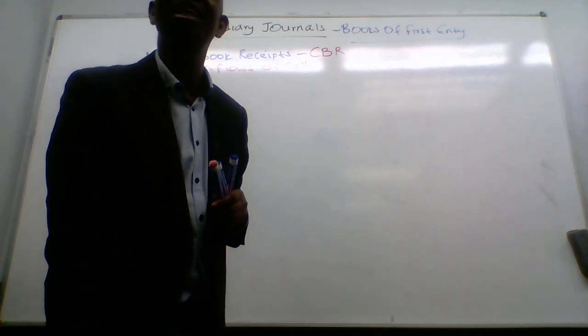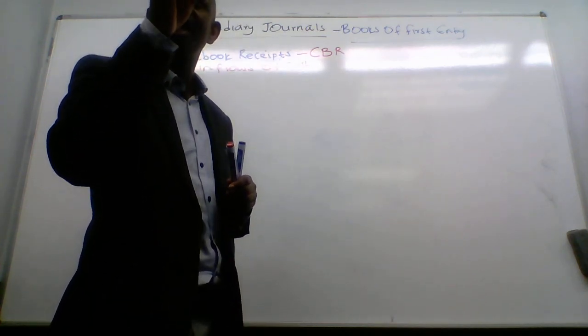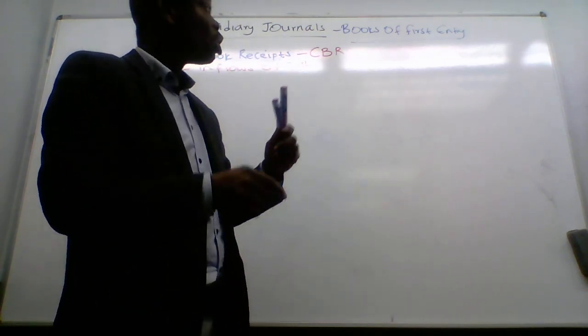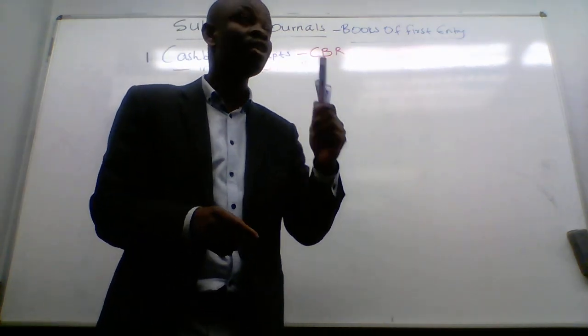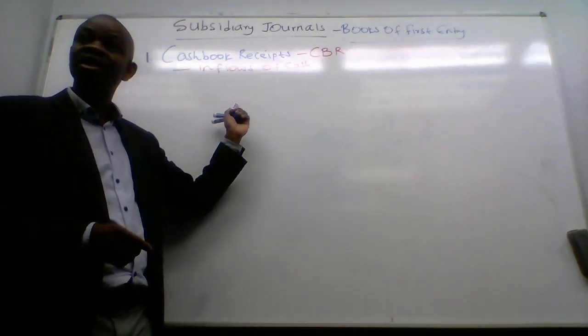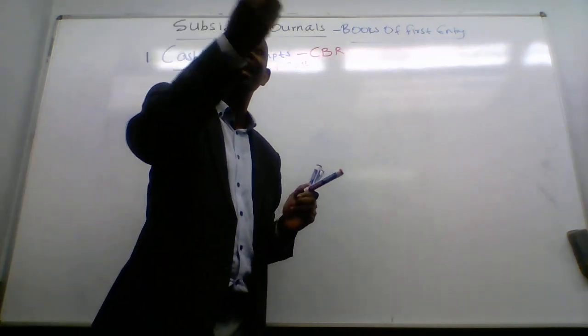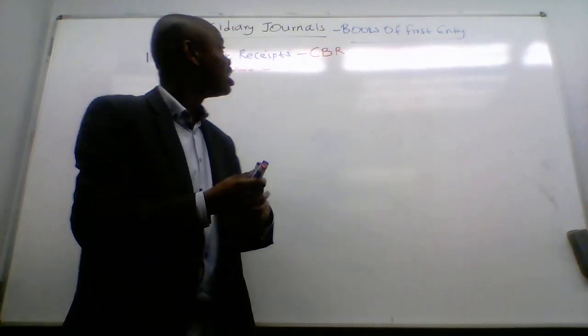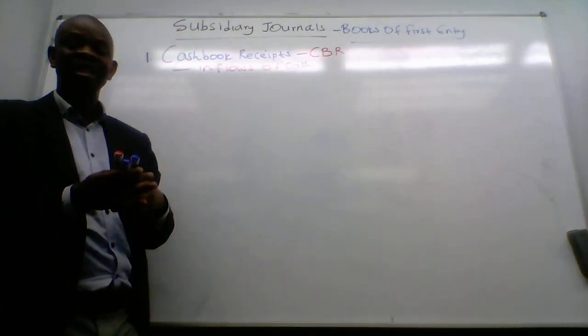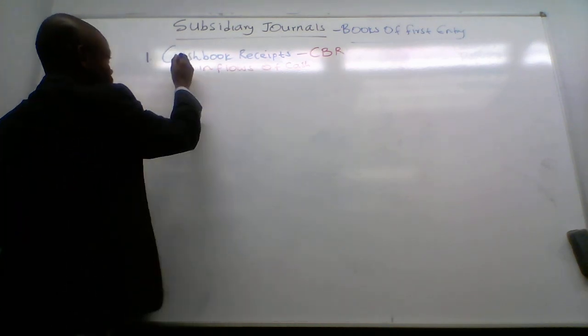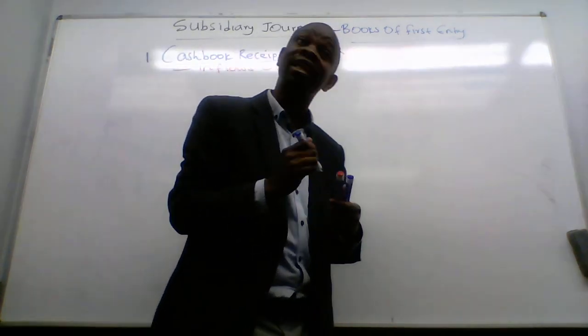When you sell, don't just say sold and you stop. No, check how you sold. If you sold on credit, you are not receiving cash. But when you sell for cash, it means you are receiving cash. It's then that you come to the cash book receipts. Are we together?